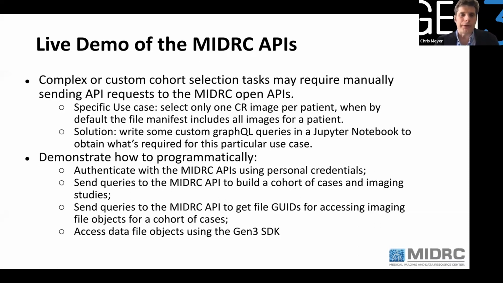Those notebooks will help you out a whole lot. Just as an example, we recently had someone ask, "I don't want all of the CR images for all the patients that I've selected. I just want one CR image per patient. Whereas when I click that file download manifest button, it dumps all of the files into that file manifest.